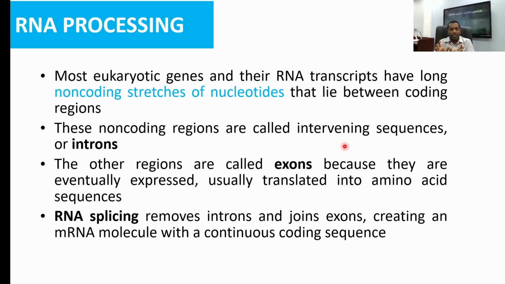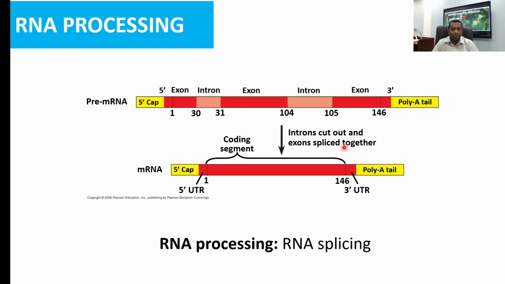So once splicing is done, we have an mRNA molecule with a continuous coding sequence. Here we have our pre-mRNA molecule containing introns, non-coding regions.